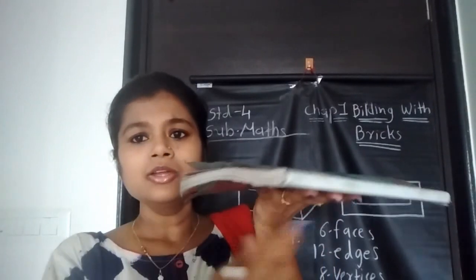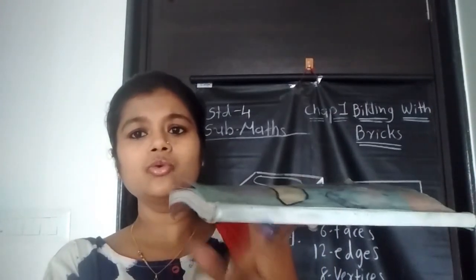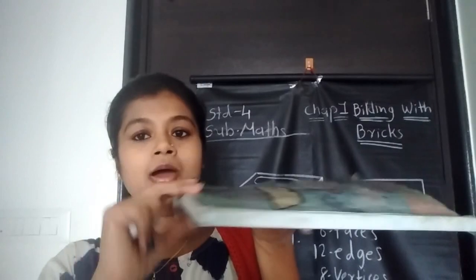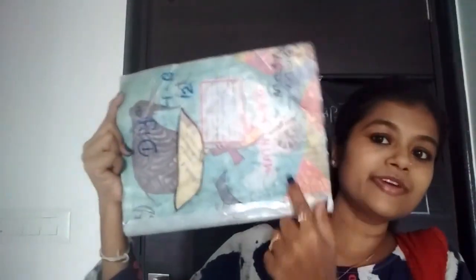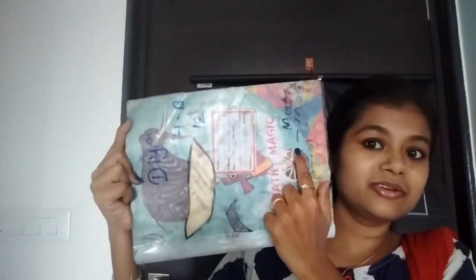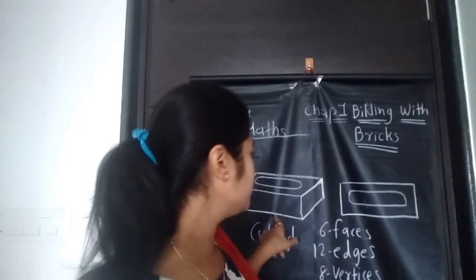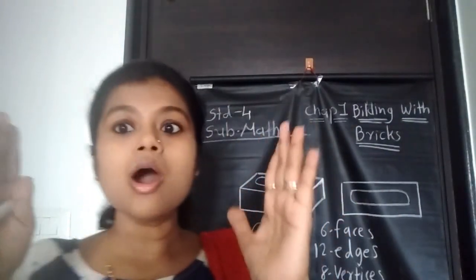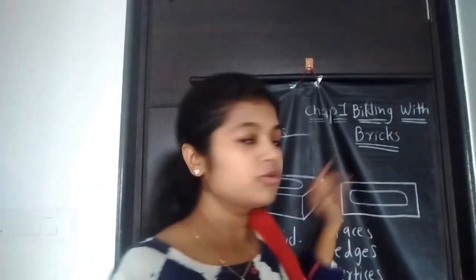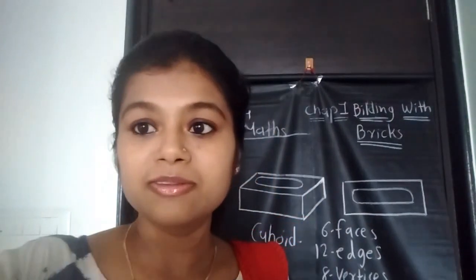You will find 1, 2 and 3 surfaces over here. But when I keep it this way, you will find only one surface of the book. Same thing we can apply over here. When we show the top of the brick, we find only one surface.